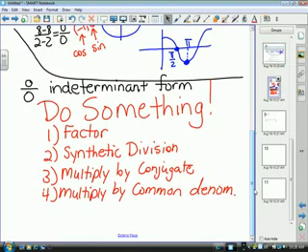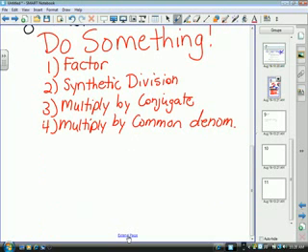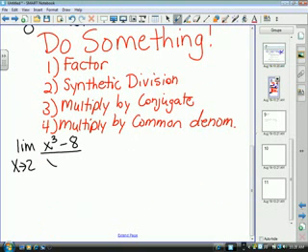So, let's start with this first one then. So let's go through our tricks of the trade. Can we factor this? Yes. So we have to review something from Algebra 2 and Pre-Calculus in order to factor it.